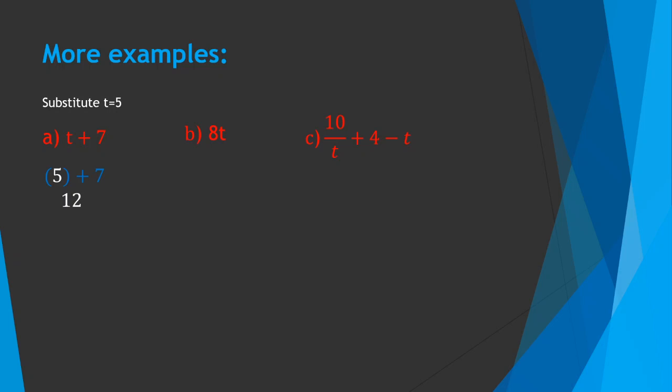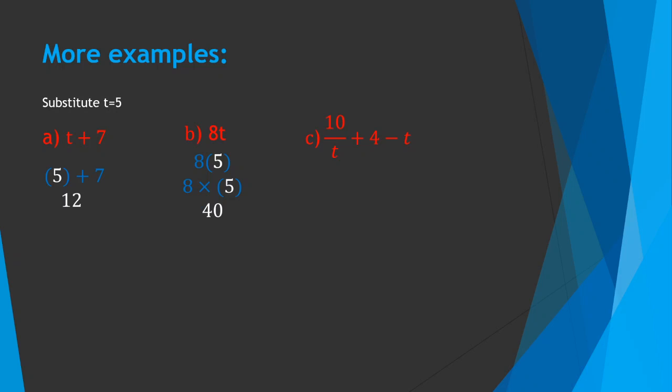For the next question, and this is why the brackets are important, I've got 8t. So wherever I see a t, I'm going to use brackets. So 8, 5, but in brackets. Now, whenever you have a number next to brackets like this, without any symbol in between, it's like saying 8 times 5, which will give you 40.